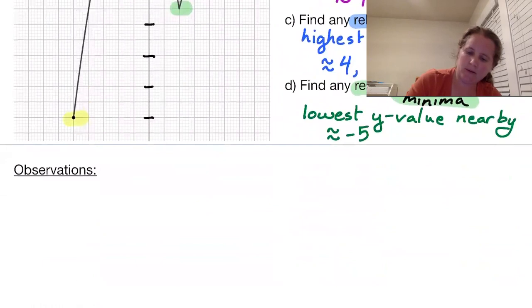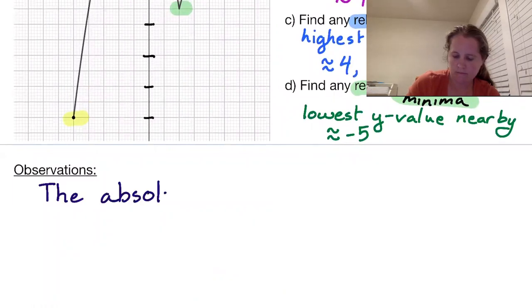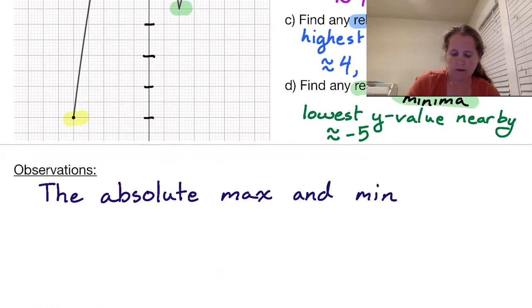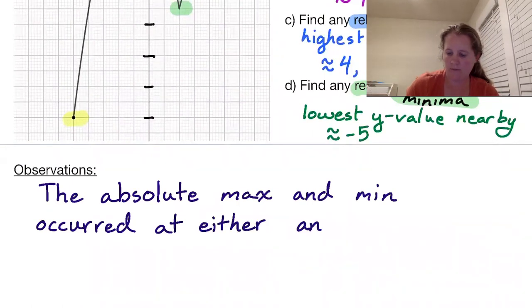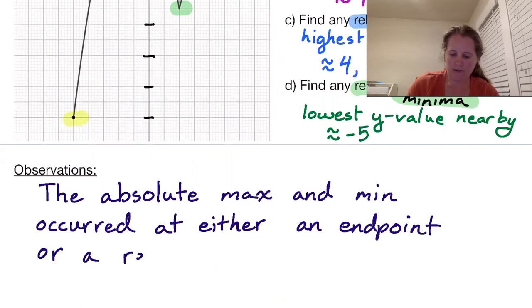So the absolute max and min occurred at either an endpoint or a relative max or min.